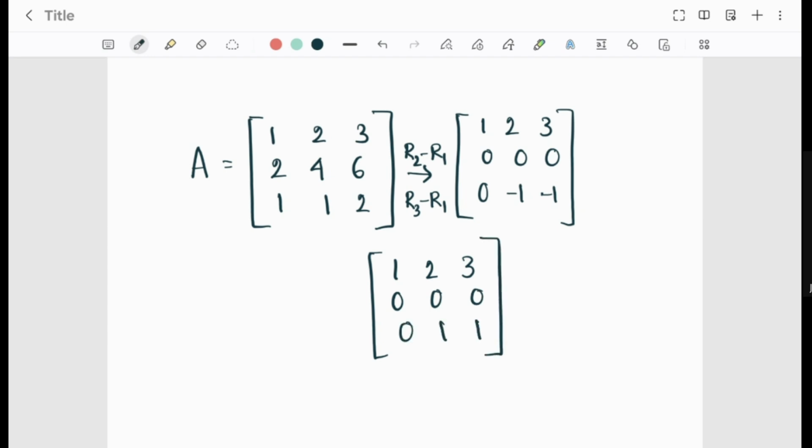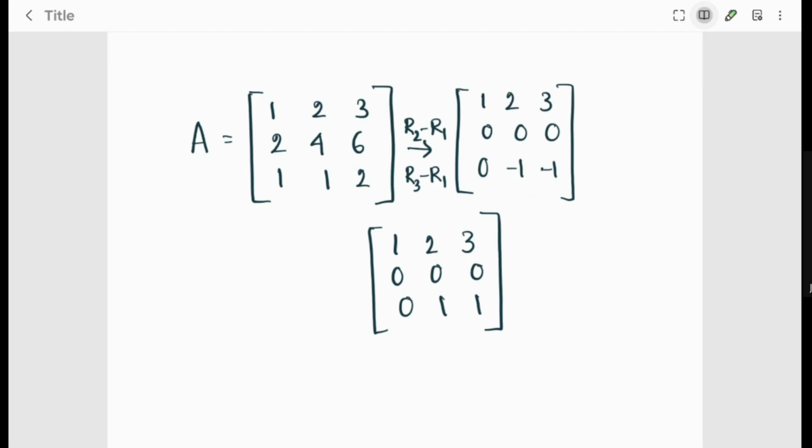Here we have two non-zero rows for this matrix.